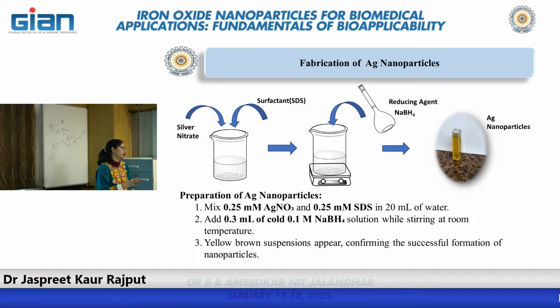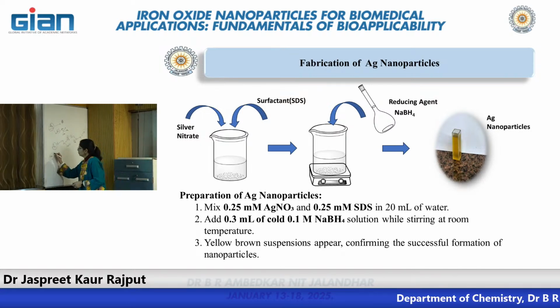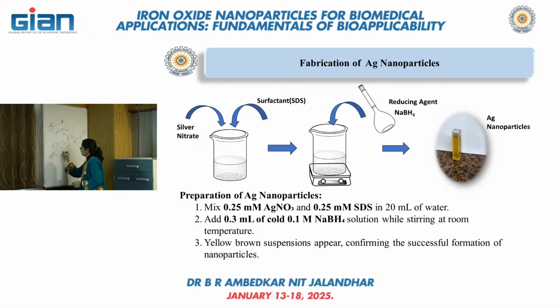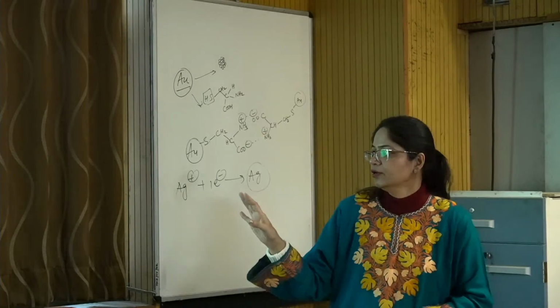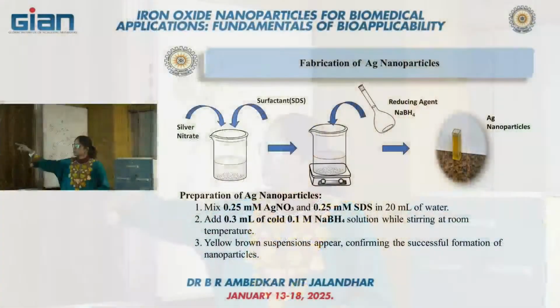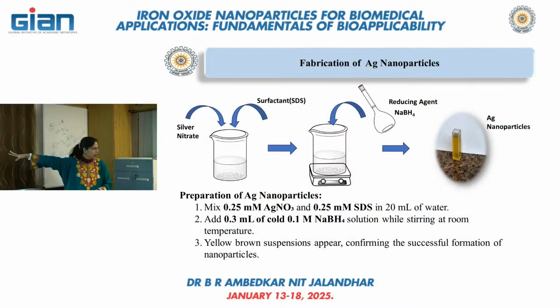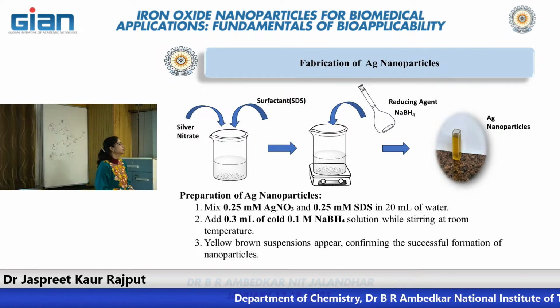So sodium borohydride will act as a reducing agent, and the silver plus will gain 1 electron and convert into the reduced form, silver, right? The product is this yellow color, a mustard yellow, yellow-brownish color of the silver nanoparticles.